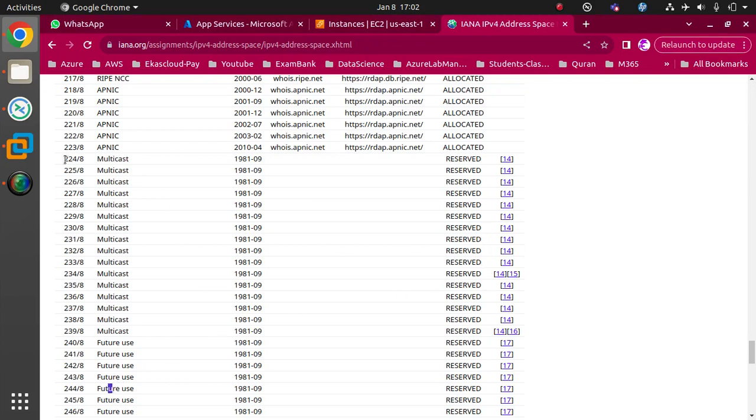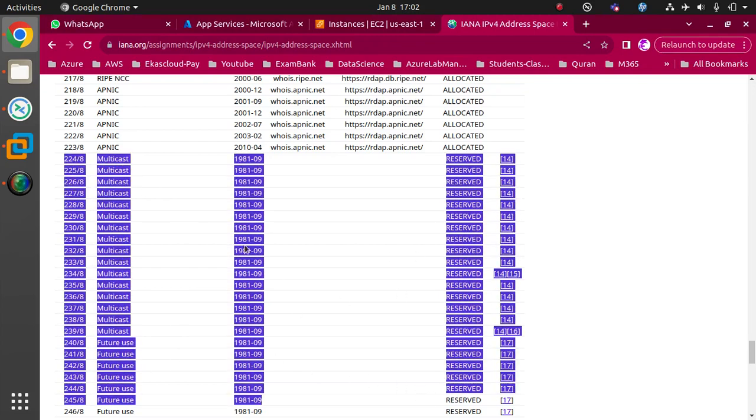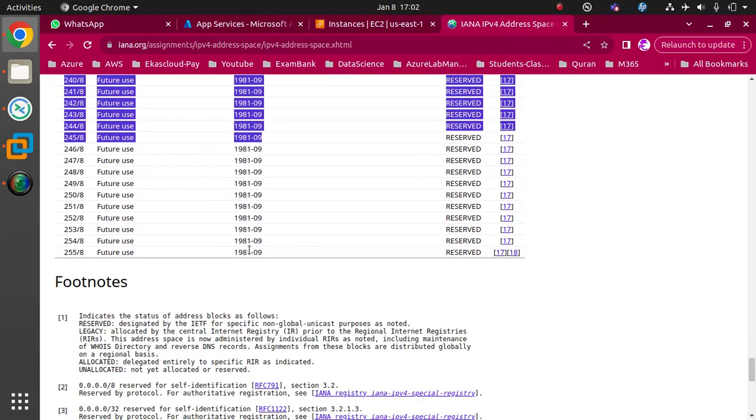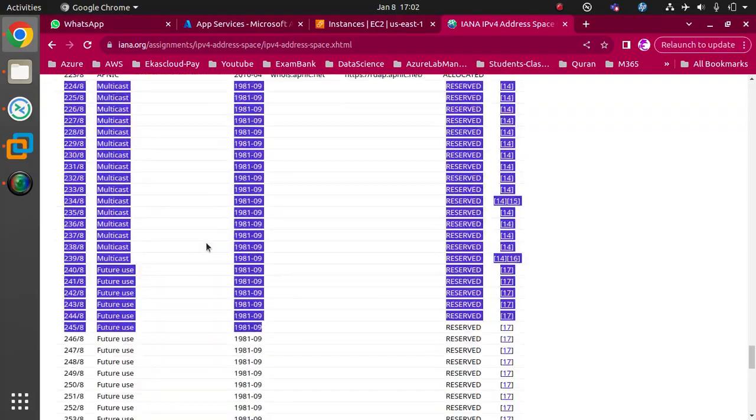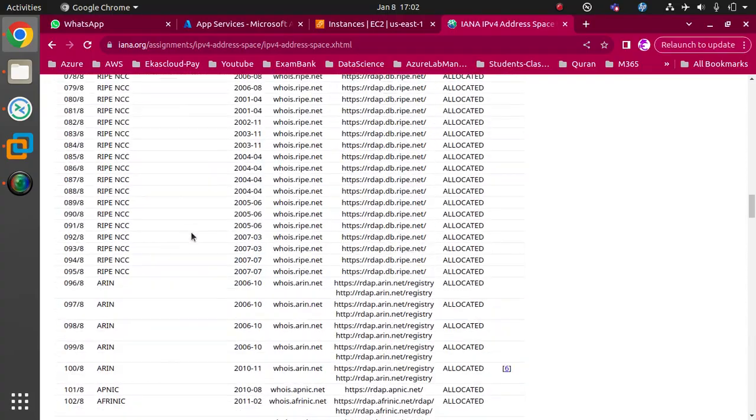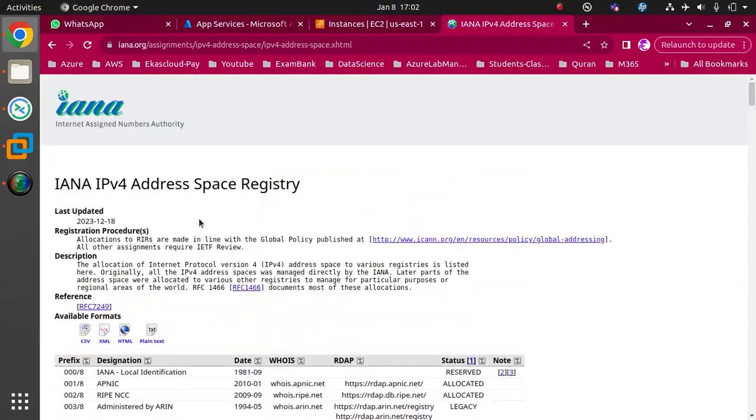All these are reserved. This is the proof that we talk about IP addresses based on this only. If you find time, please go to the website iana.org, and there you can choose the IPv4 address space registry. There you can find a lot of information about IP addresses.